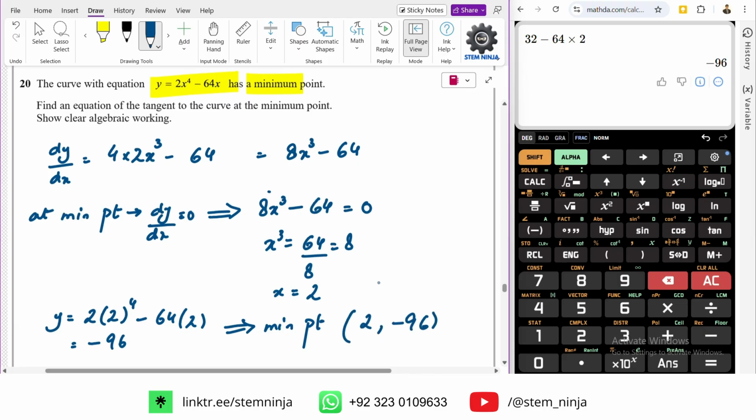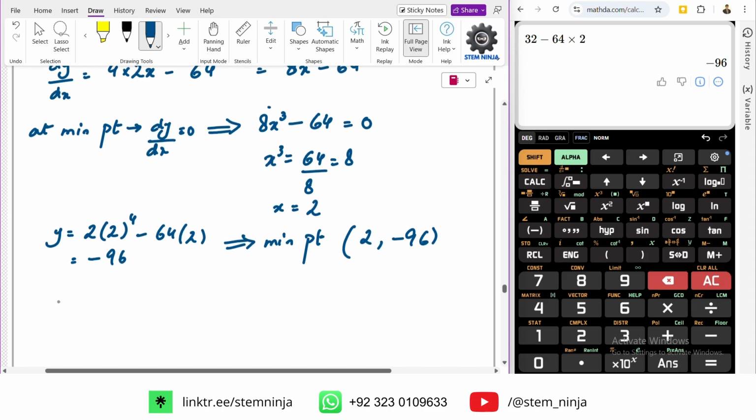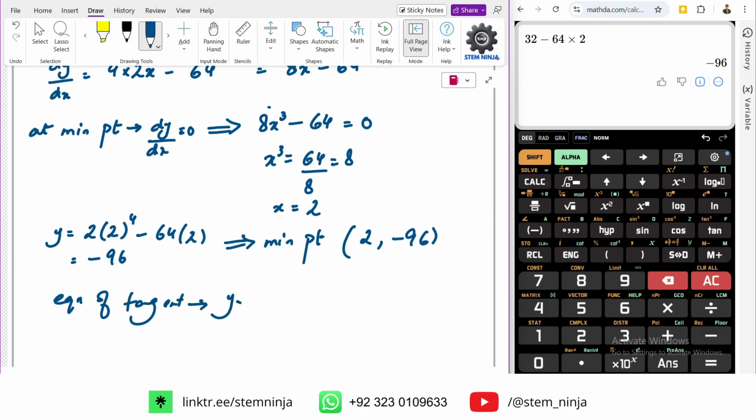Okay, now we need to find the equation of the tangent. So the equation of tangent y minus y1 equals m times (x minus x1), so y minus minus 96 equals to gradient we found out.